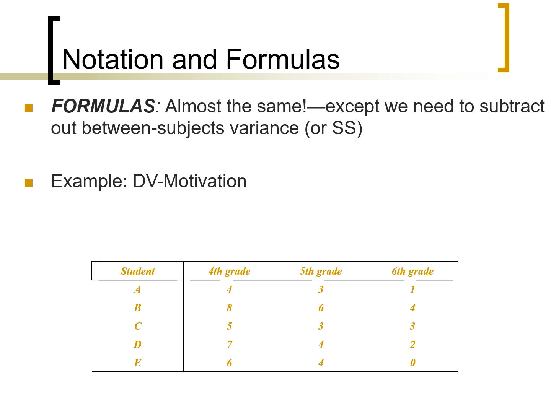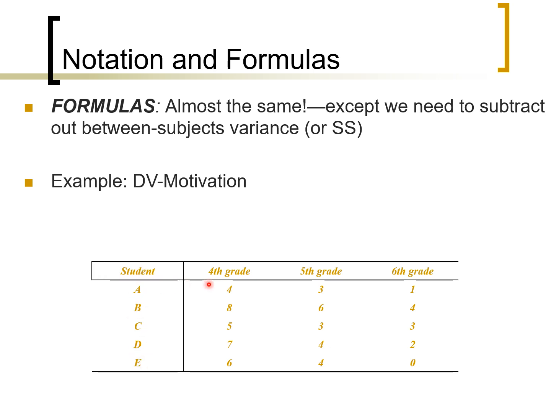So the formulas are basically the same, except this time we have our new between subjects variance, before we get to our sum of squares, another measure of variability. And we can have a dependent measure of motivation, and then we have the different times, 4th grade, 5th grade, 6th grade, and now we have students.